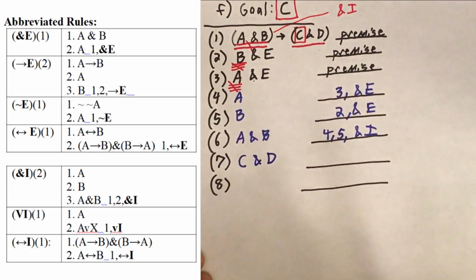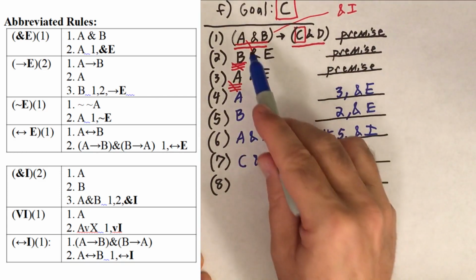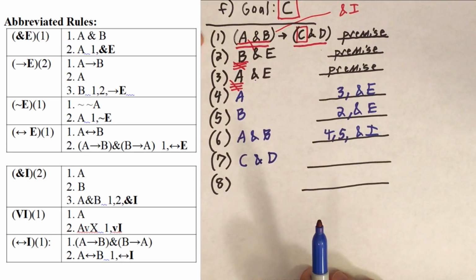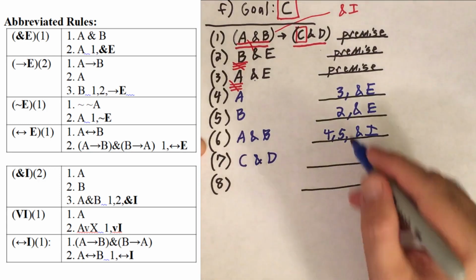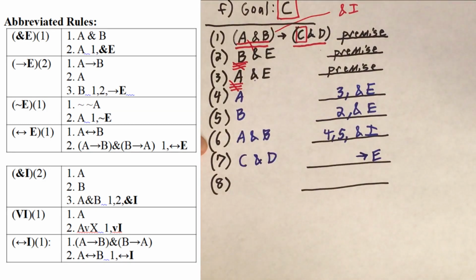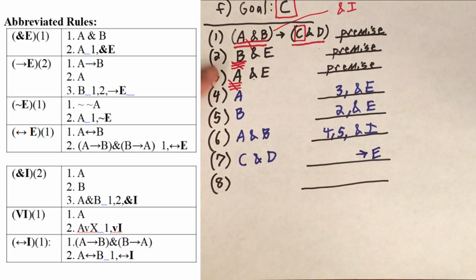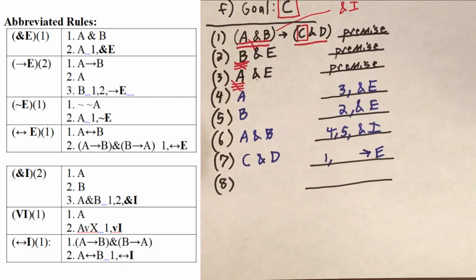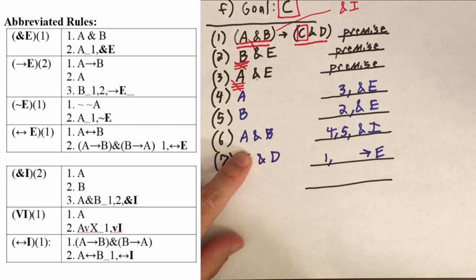I could leave them, but I don't need them. And now notice, I have a little small proof. If you focus on just lines 1 and 6, it's pretty clear what I've just done. I've done my favorite conditional elimination rule. I need 2 lines of justification according to my rule sheet. The line that contains the conditional, and the line that proves the left side is true.